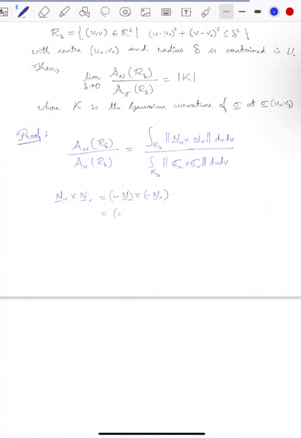So this is equal to a sigma u plus b sigma v, cross c sigma u plus d sigma v.